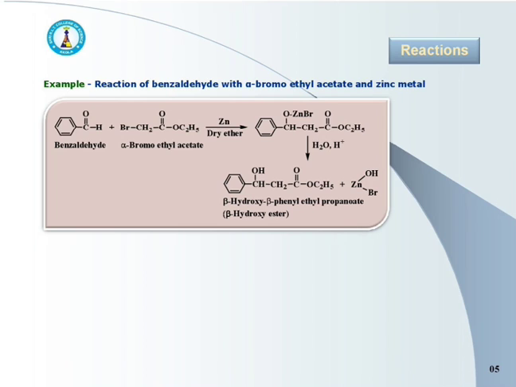Then this organozinc compound is hydrolyzed by acid to yield beta hydroxy beta phenyl ethyl propanoate, which is again a beta hydroxy ester. This is an example of the Reformatsky reaction.